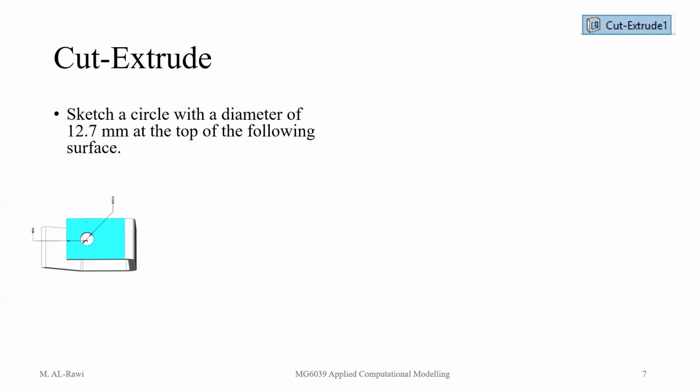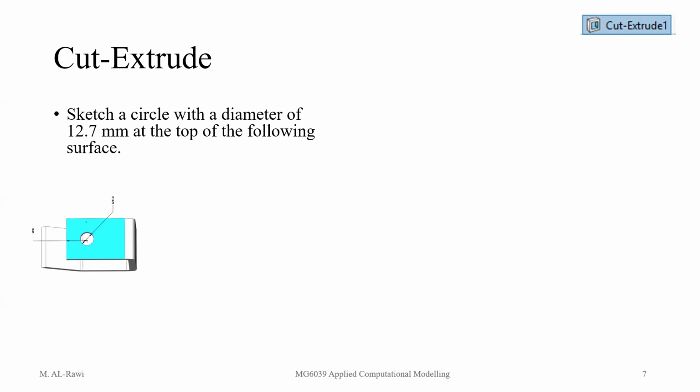Select that top face, which will show blue. Rotate and select that top. Now, when you select that top, you can click on sketch. Now it's allowing you to sketch a circle.